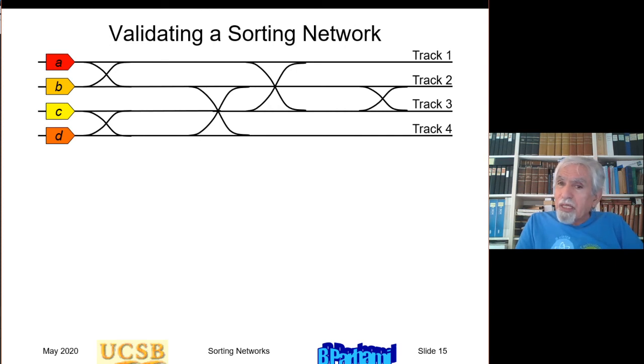So this is a sorting network. A, B, C, D come in, some unsorted arrangement of the numbers A, B, C, D. And then I expect the smallest one to go on track 1, the next smallest on track 2, and so on. So why is this a valid sorting network?